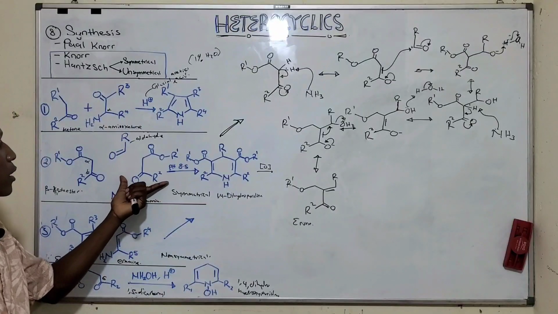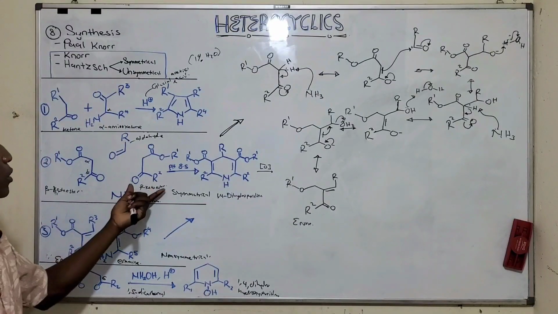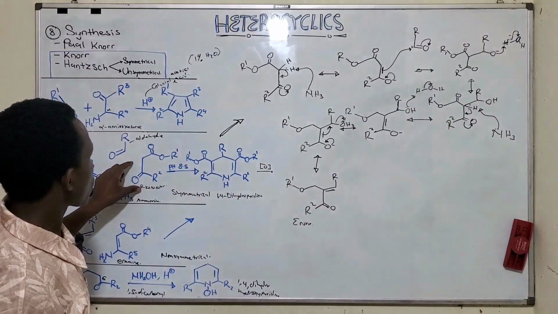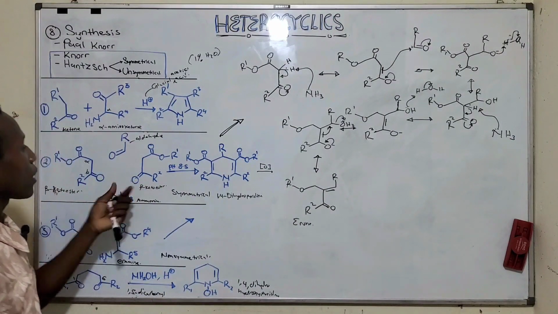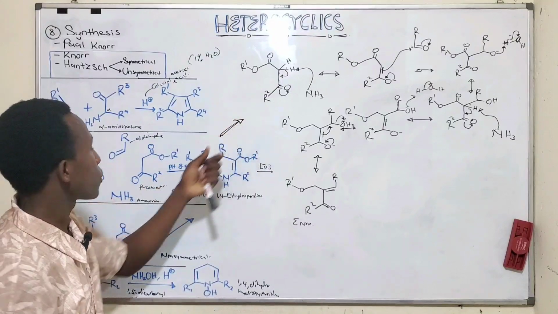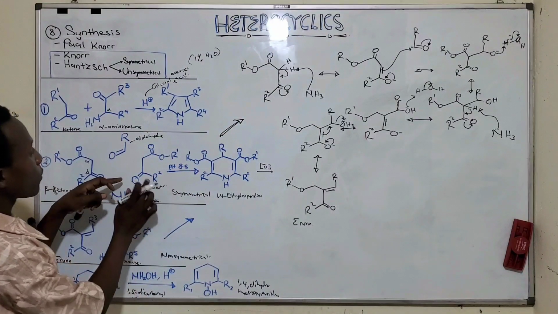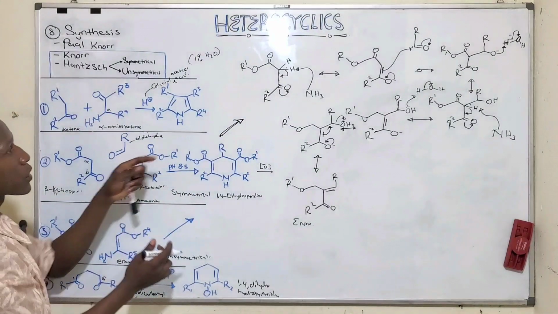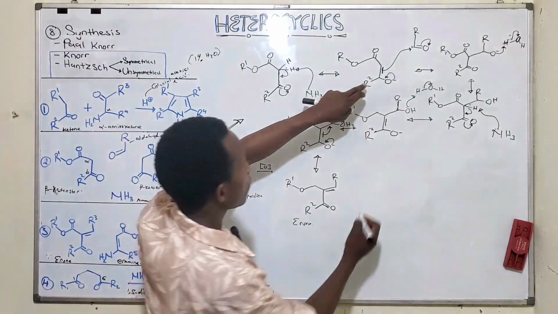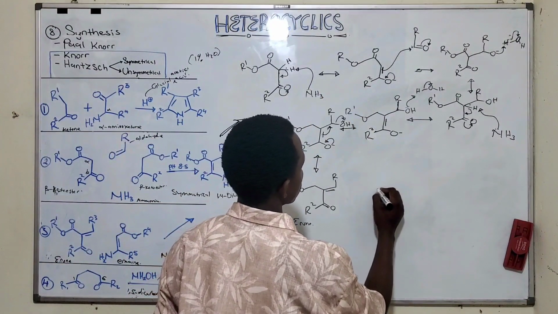Then we have another beta keto ester here. This one will also be activated like here. So same step. Remember they are the same ketones, so same step up to this part. So we shall have this.